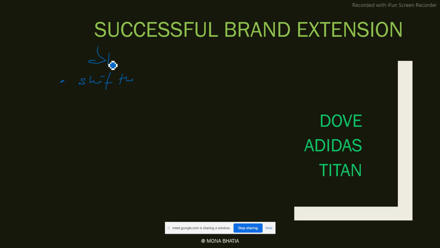These are the strategies. आपको shift करना है form को. Then you can transfer a component, ठीक है. You can transfer a benefit.